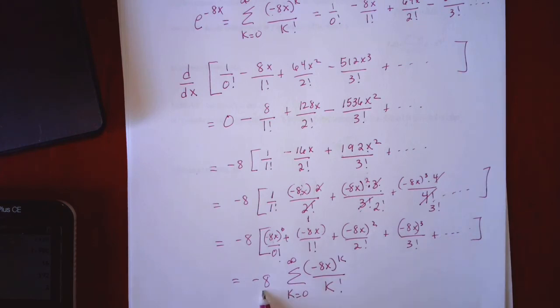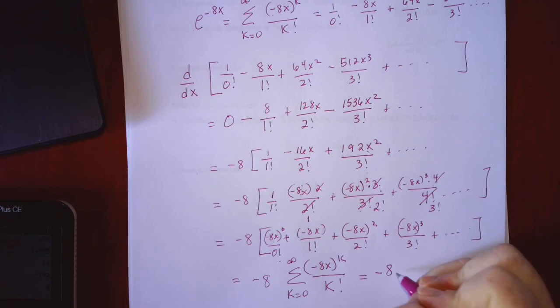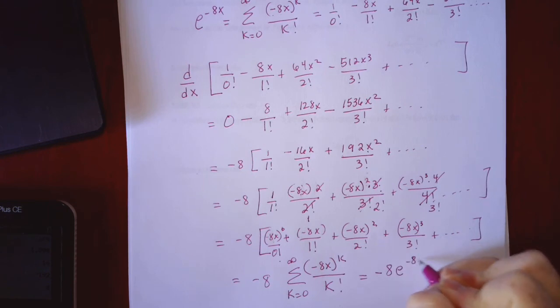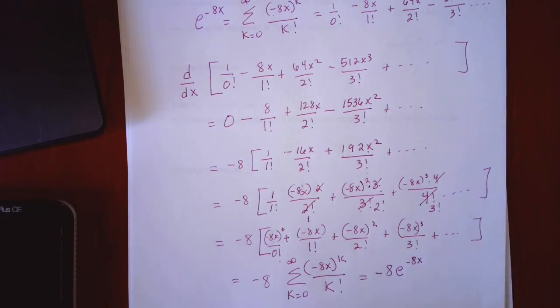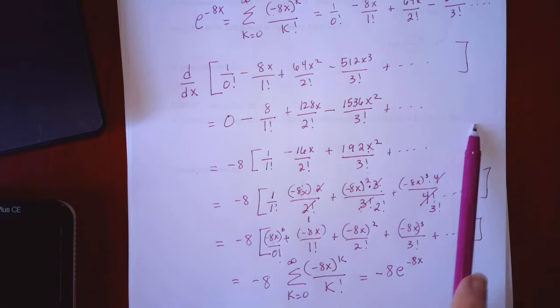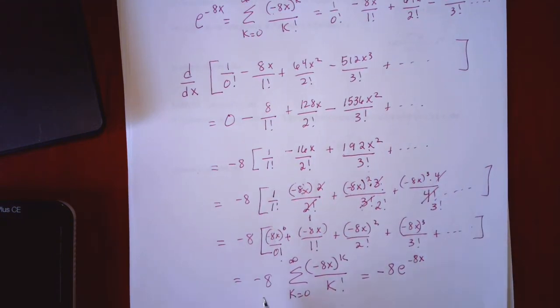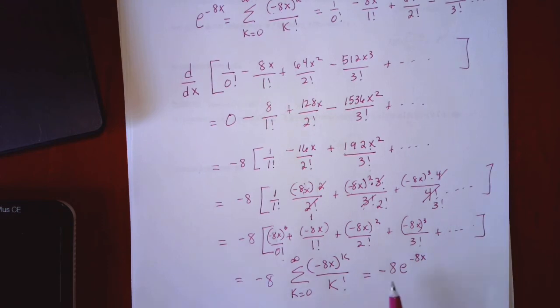So we have negative 8 times this power series, which is negative 8 e to the negative 8x. So we were able to show that just by going through and taking the derivative term by term, that the derivative we got really was negative 8 times the power series for e to the negative 8x.